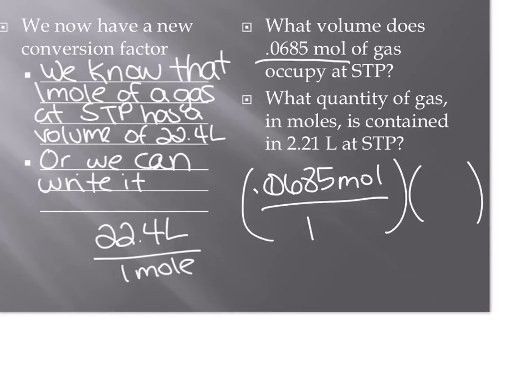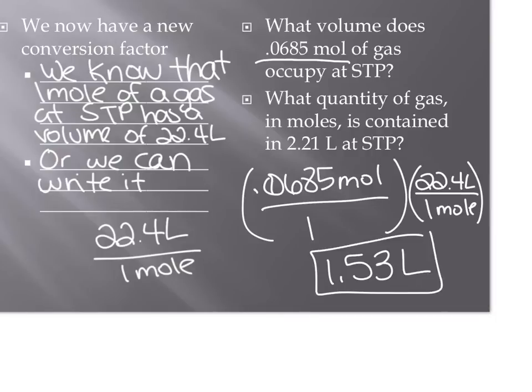And then we do 1 mole on the bottom. Very good. And 22.4 liters. How come I can use 22.4? Because it tells me it's a gas at STP. So what is the volume of that amount of gas at STP? 1.53 liters. Very good.